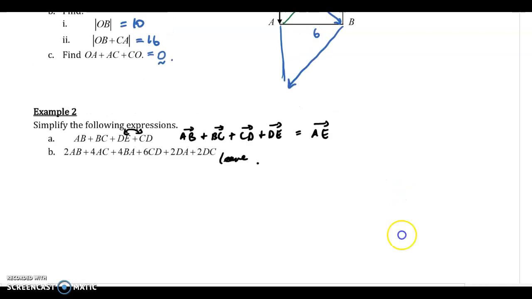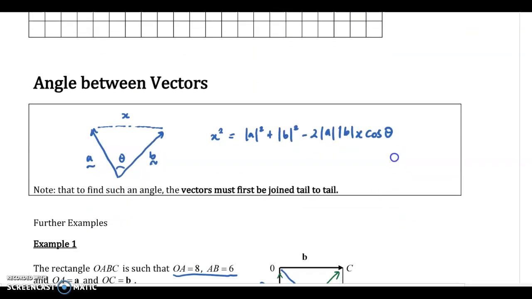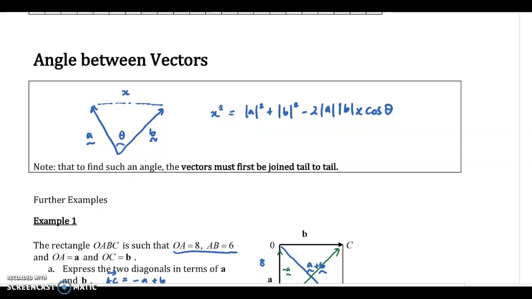Now, going back to our original intention to prove this formula, we can simply explain it by looking at it as a triangle. If I remove these arrows from the diagram, then I'd only be referring to the magnitude of the vectors, treating them as lengths. That means x squared would be equal to a squared plus b squared minus 2ab cos theta.